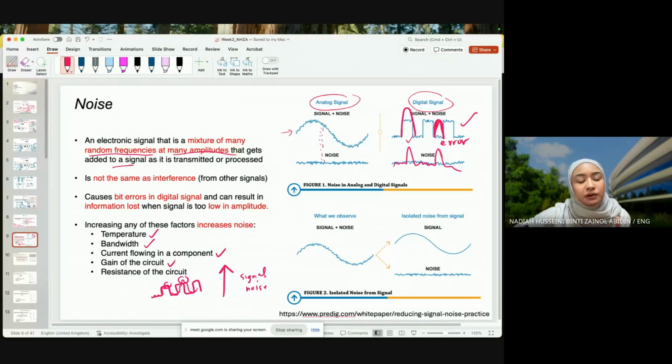You can't really separate them. So you're also amplifying the noise. And if you increase the resistance of a circuit, you are also increasing the noise. So these are the factors that you need to consider when designing a circuit to make the noise a minimum. Okay.